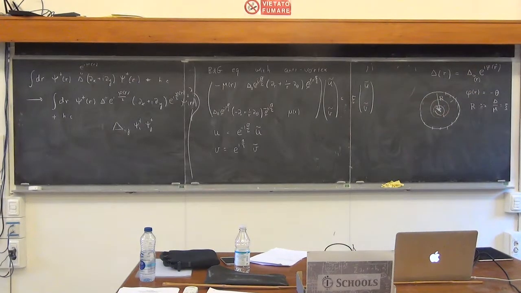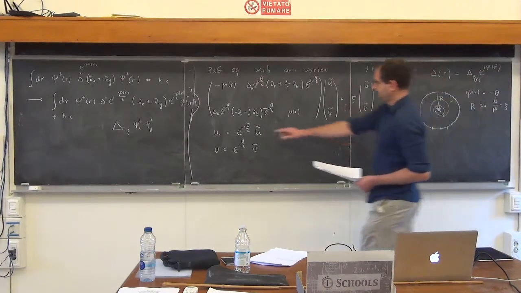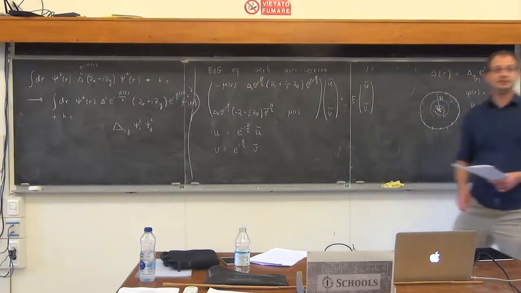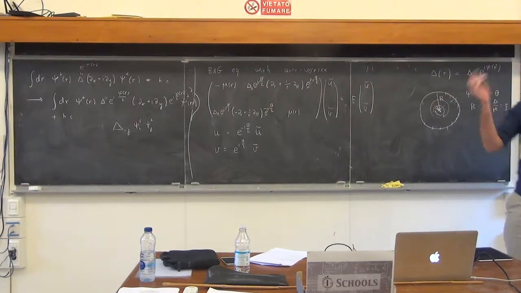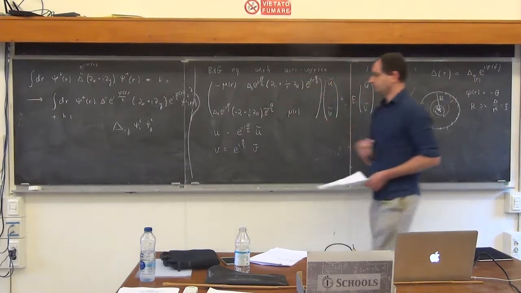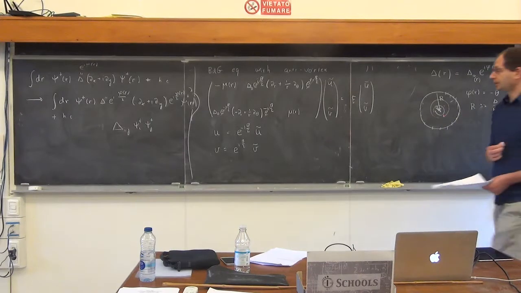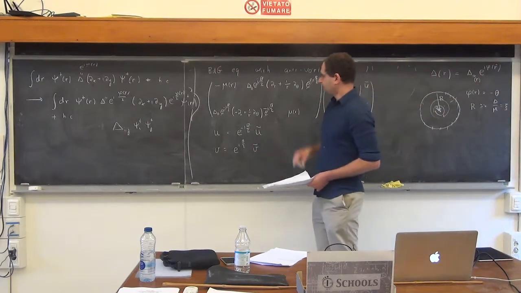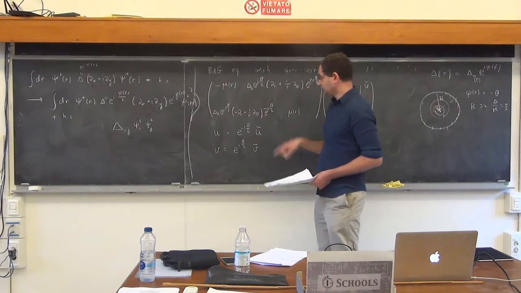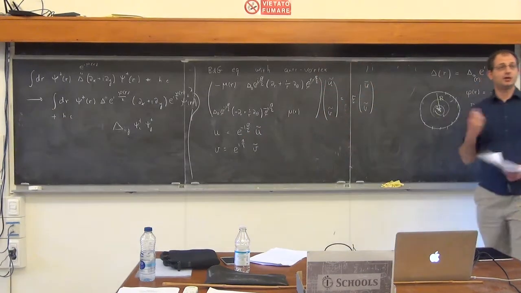So it looks like we should just get exactly the same solutions. But notice that for these new variables u tilde and v tilde, the boundary condition as a function of theta has changed. u and v were periodic functions of theta, but now when theta goes from 0 to 2 pi, this becomes a minus, so u tilde and v tilde have to get a minus as well to compensate for that.